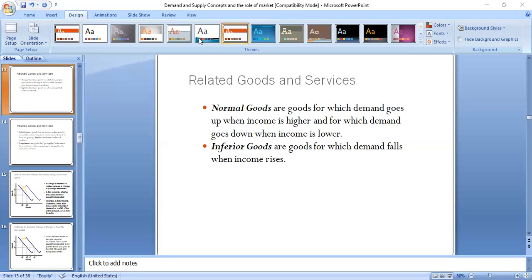But here in our country, we think posho is food for school-going children or for prisoners. So one man's meat is another man's poison, right? But with inferior goods, we have to know that as the income of a consumer increases, the quantity demanded for that good reduces.